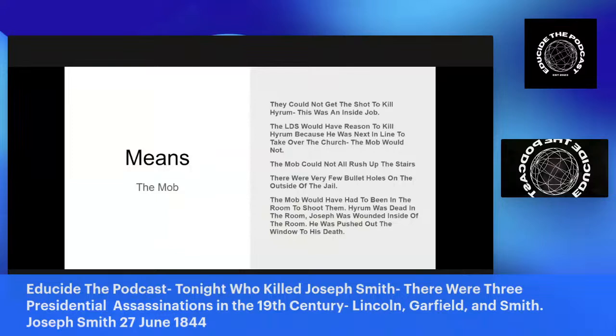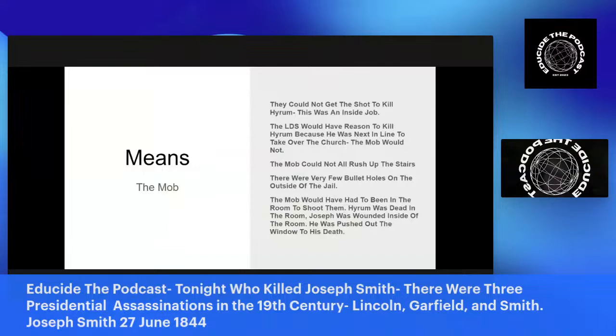The LDS Church would have a reason to kill Hiram because he was next in line to take over the church. The mob would not. The mob could not rush all up the stairs, at most 10 to 15 people. There were very few bullet holes on the outside of the jail. The mob would have to have been in the room to shoot him.